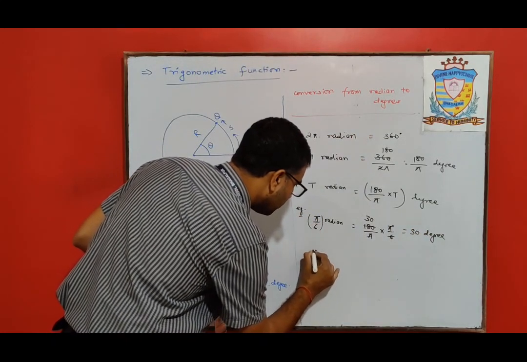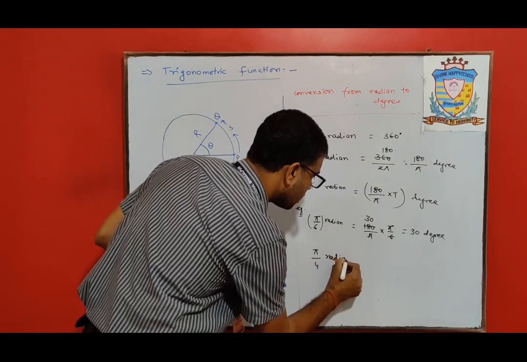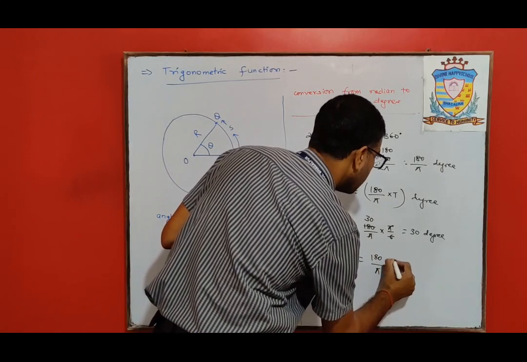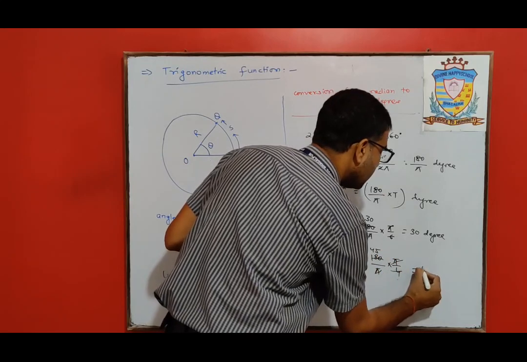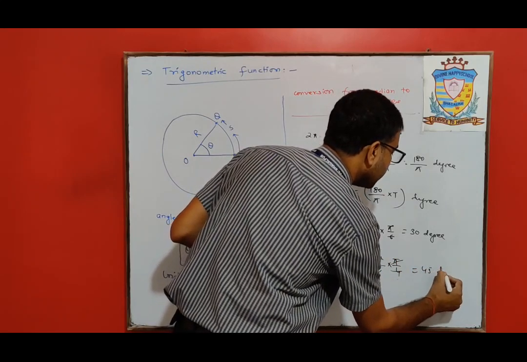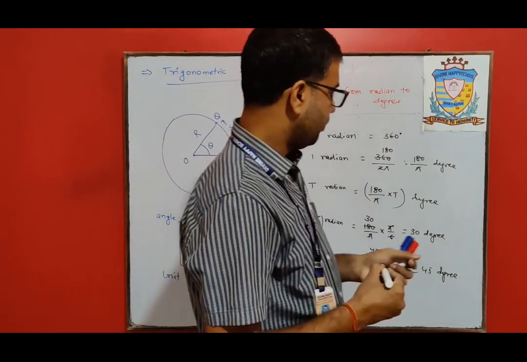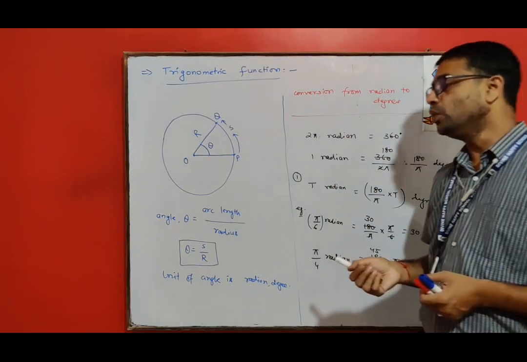Second, pi by 4 radian. So 180 upon pi into pi by 4. So 4, 45, pi cancel. So 45 degree. Clear? So here is the basic part, how we convert from degree to radian and radian to degree.